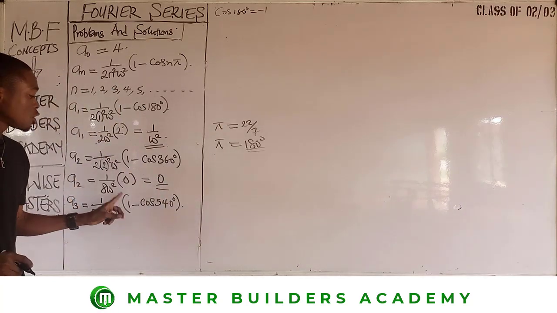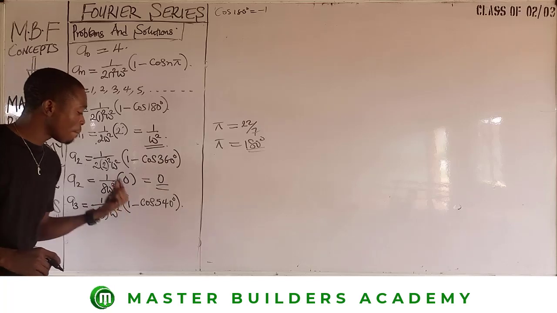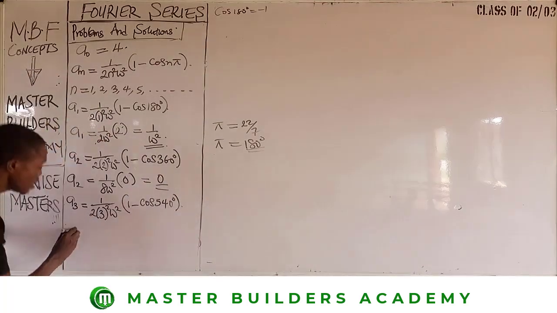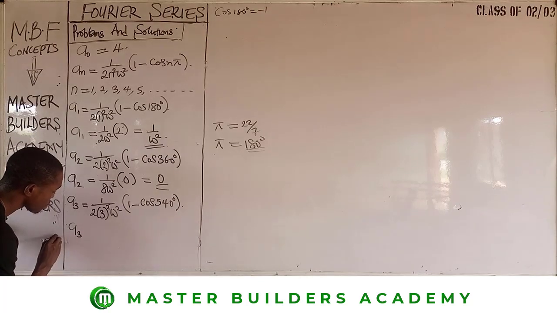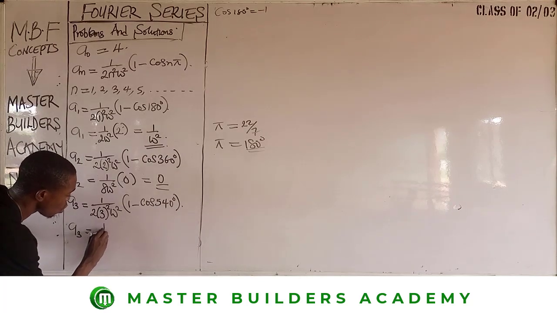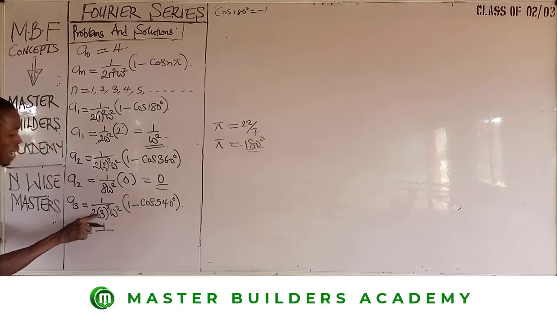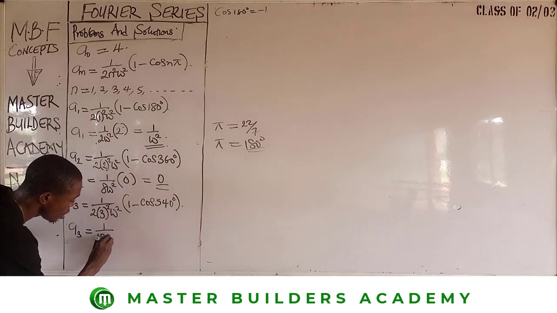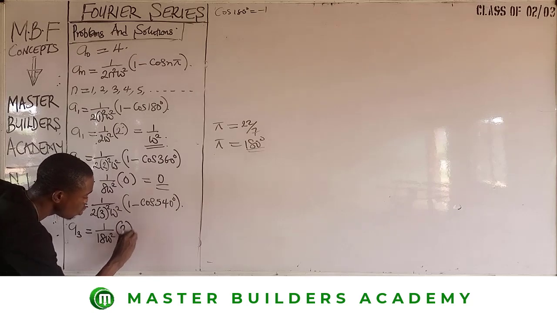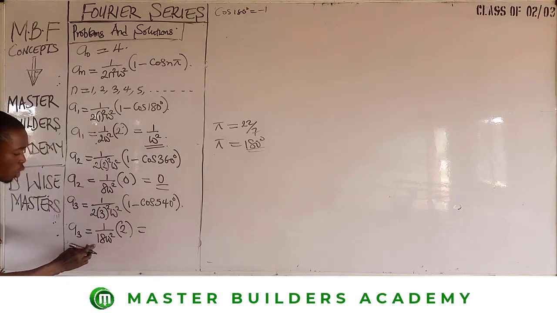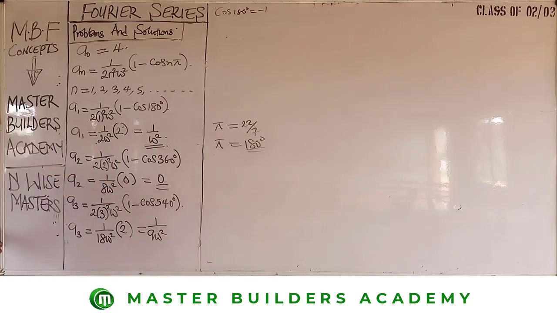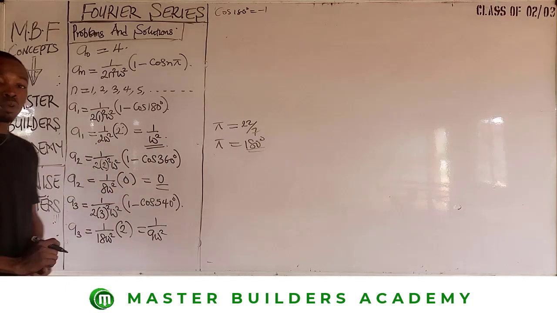Or better still, just type in your calculator 1 minus cos 540. You will have 2. Then A3 will give us 1/18. Remember, if you square 3, you have 9. 9 multiplied by 2 will give you 18 W squared into 2. And now 2 into 18 will give us 1/9 W squared. This is what we have.